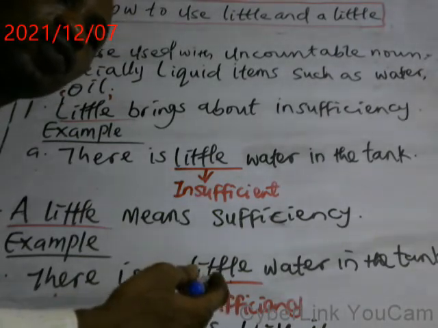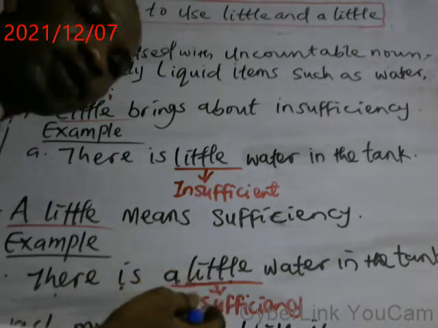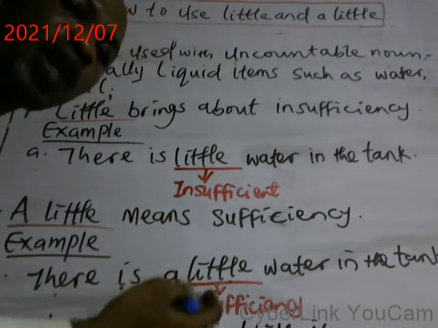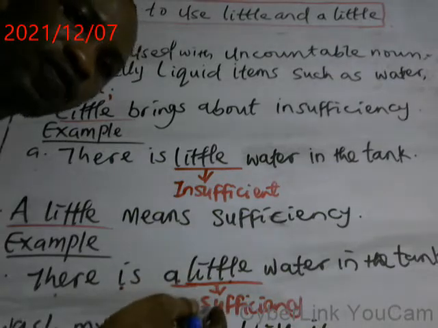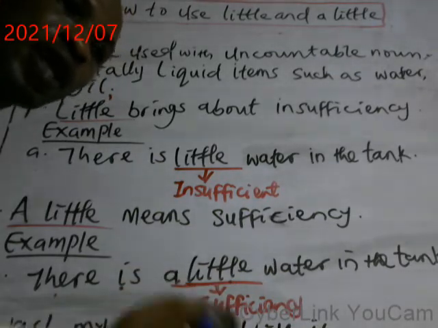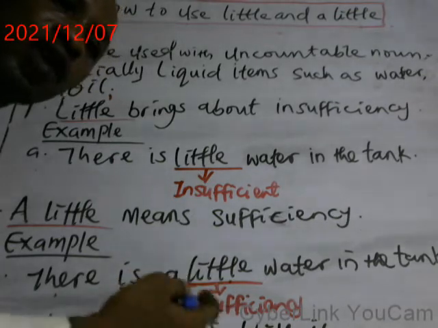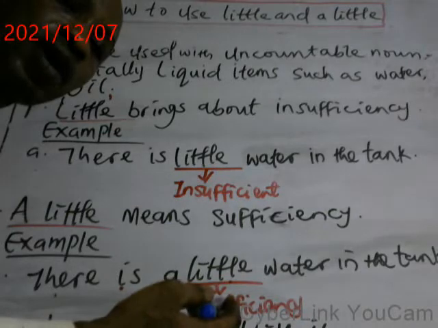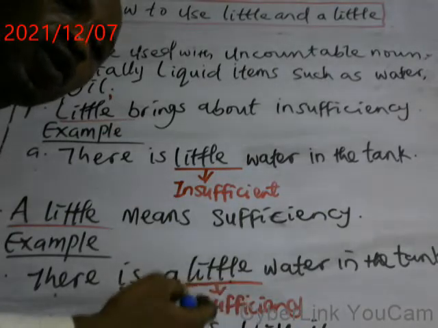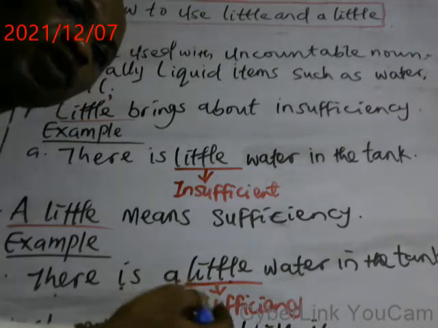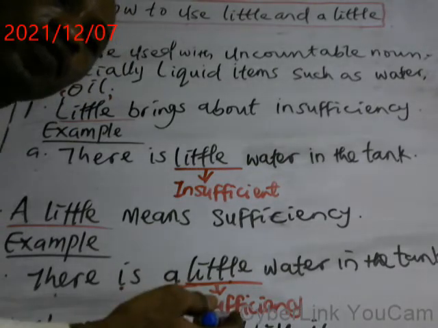So, briefly speaking, that is how to use little as well as a little. Let's go back again so that it can stay in our mind and we can use either little or a little appropriately in our speeches or when we write.